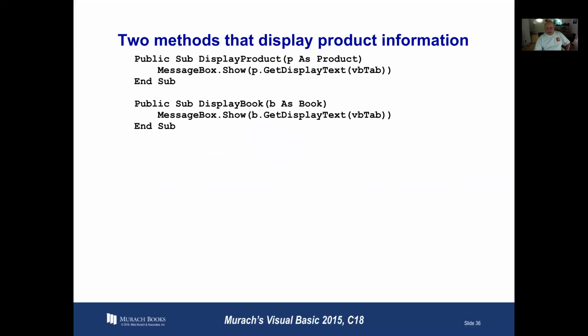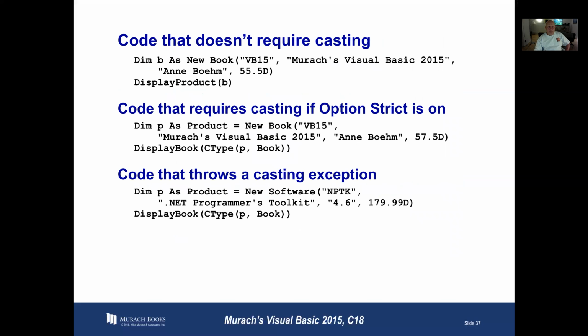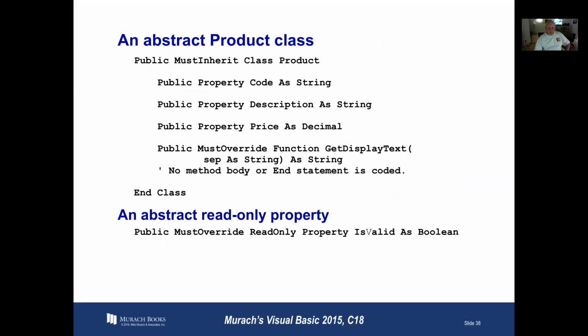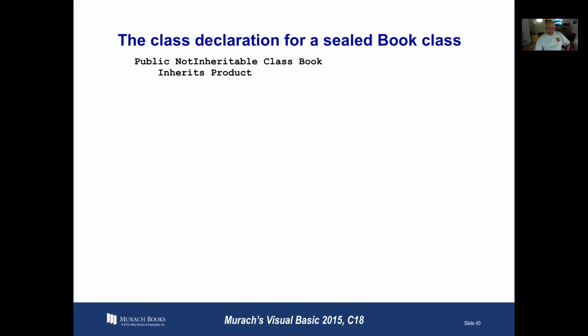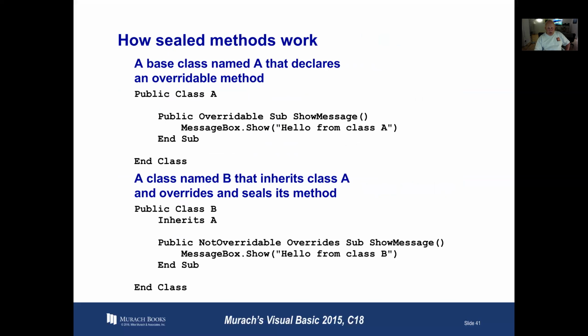These are two methods that display product information. This is a class that inherits the abstract product class. Sealed book class. This is how sealed methods work.